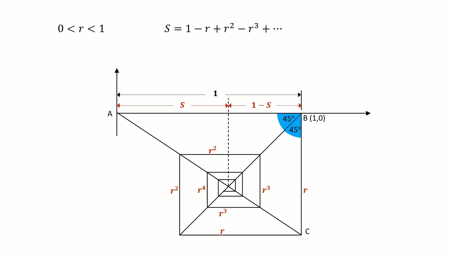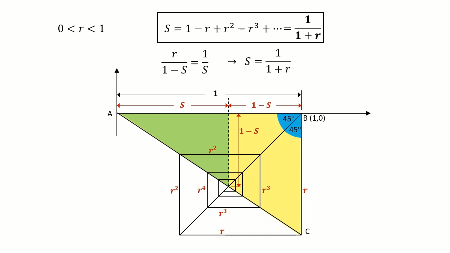The rest of it is 1 minus S, which is equal to the vertical distance of this converging point from the horizontal axis. Now look at this yellow triangle and this green triangle. Again, they are similar and the sides have the same ratio. So R divided by 1 minus S is equal to 1 over S. And from that, you get S equal to 1 over 1 plus R.